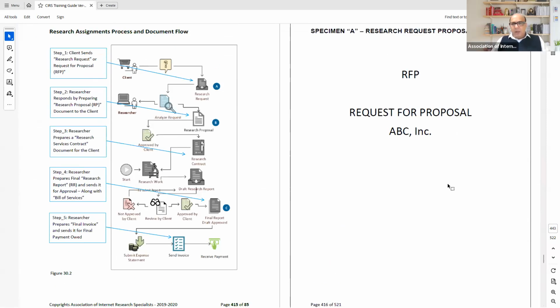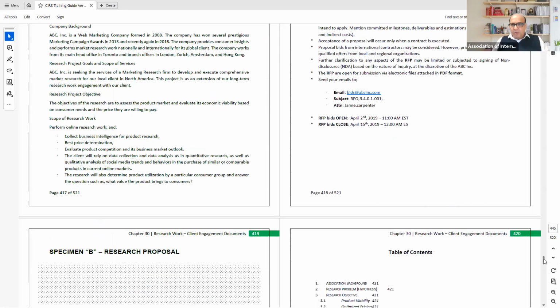That's when the client is calling not only you, but maybe several other researchers to get a quotation or response that describes the time and money involved and so on. So they're going to ask that you respond to an RFP, or request for proposal. Now, what does the request for proposal look like?